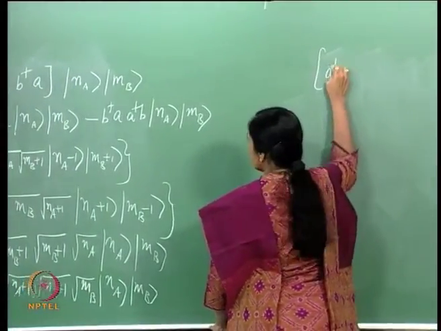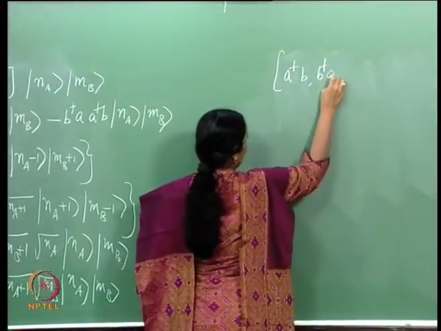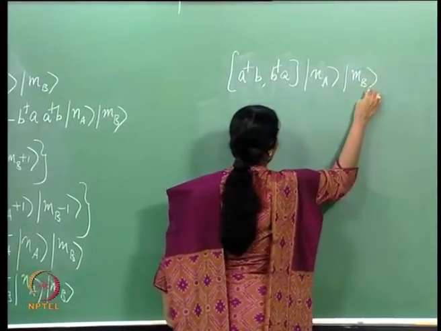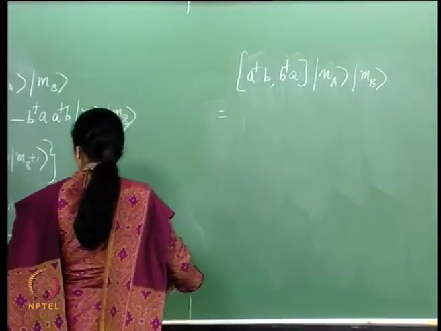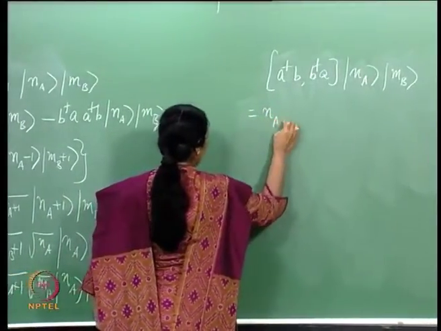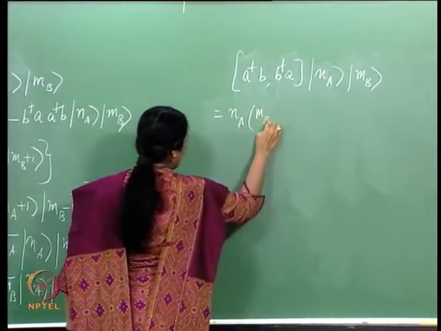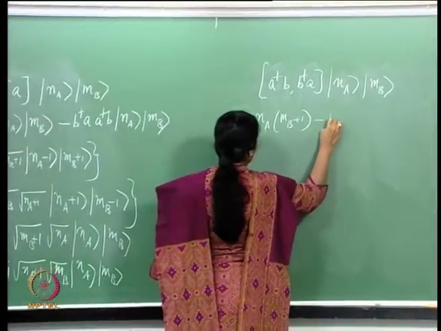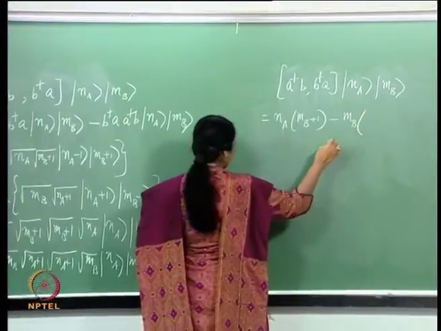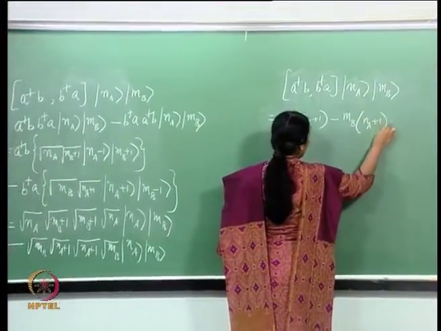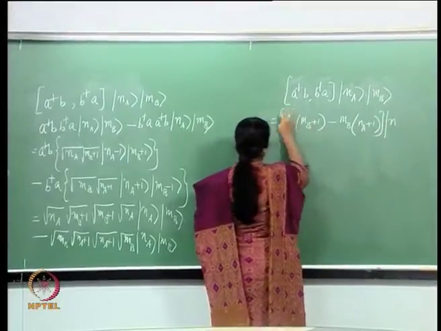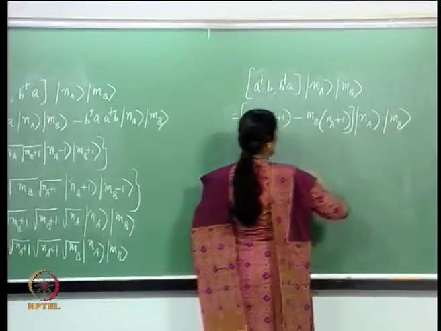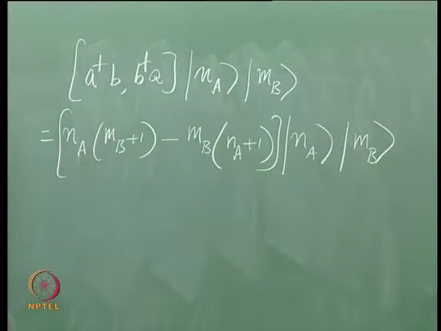I have A dagger B with B dagger A acting on the state Na Mb of the composite system to be simply Na times Mb plus 1, minus Mb times Na plus 1, multiplying the state Na Mb.